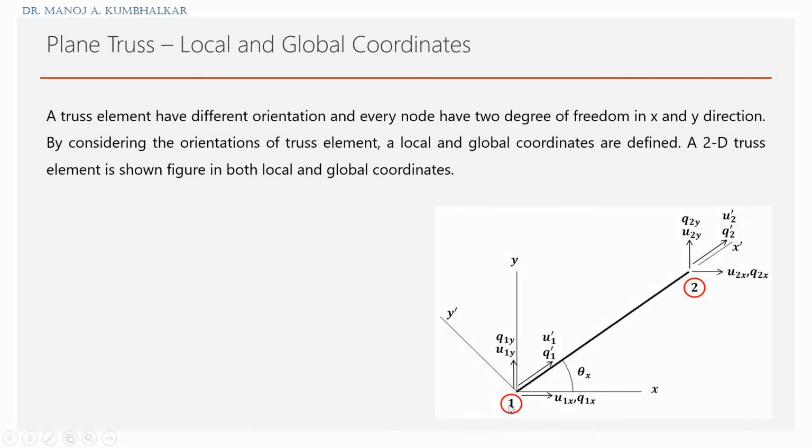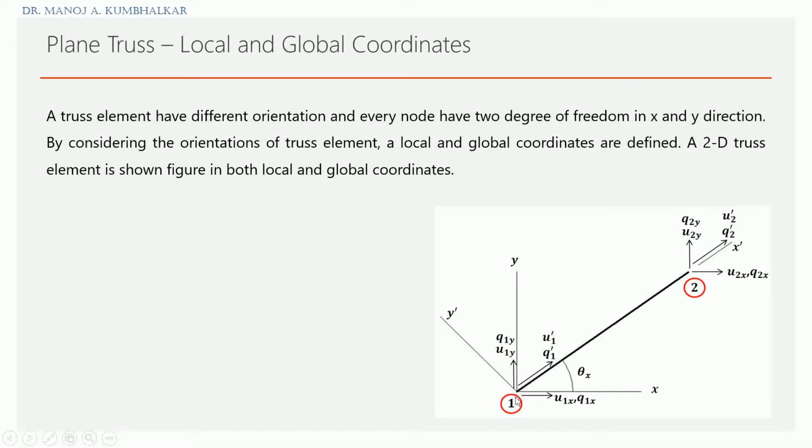And if we study the global displacement of nodes 1 and 2, as each node in the plane truss has 2 degrees of freedom, q1 dash is distributed as q1x and q1y, and q2 dash is distributed as q2x and q2y.